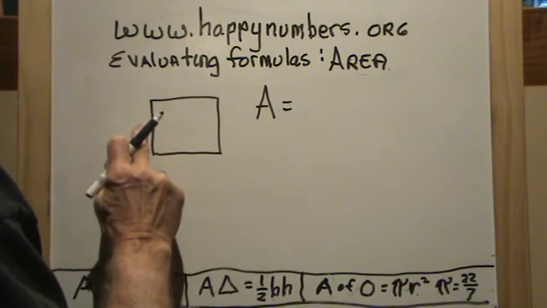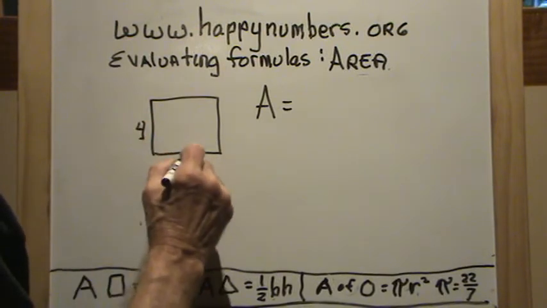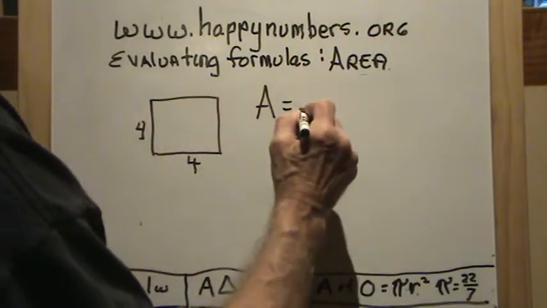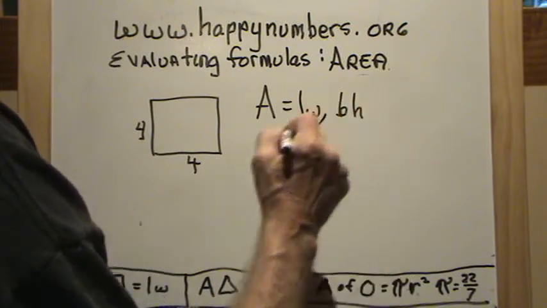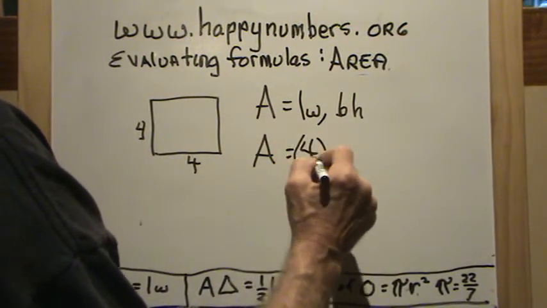So the area of a square, if this were 4, then we know this side is 4. So we could say the area of a square is the length times the width, or the base times the height. So the area would be 4 times 4.